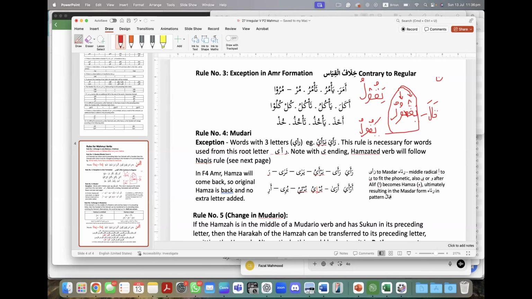And in fact, why is it Yaqulu? Because this is Qa, Waw, Lam. Three letters, Qawala. That's why it's Ya, and this is U, this is Lu. Can you see how the original is formed from three letters? Qawala, Ya, alamatul mudari'u came. Ya, ulu.